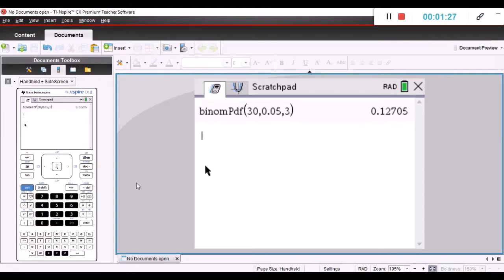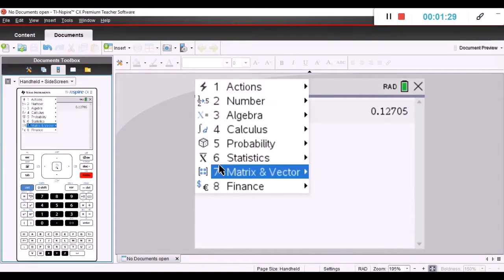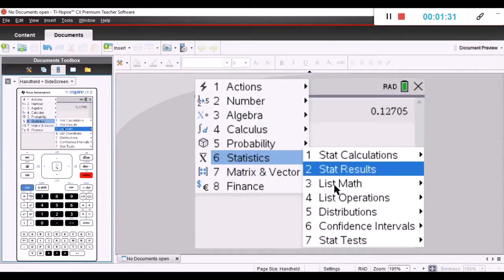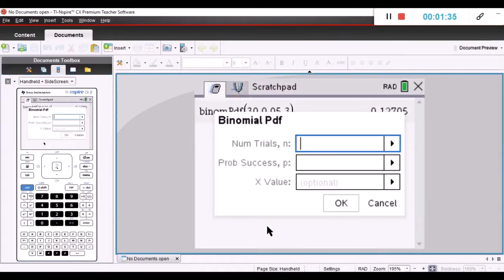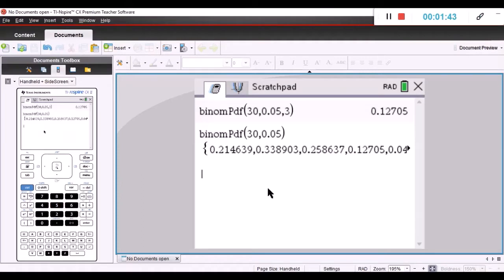Now the one thing I will show you, let me just go back to menu, statistics, distributions, binomial PDF again. 30 was n and p was 0.05. If I don't type any x value, watch what happens. I get a whole bunch of answers. Well, this is the entire probability distribution table. This first number is when x equals 0, the probability of having no bad computer chips.